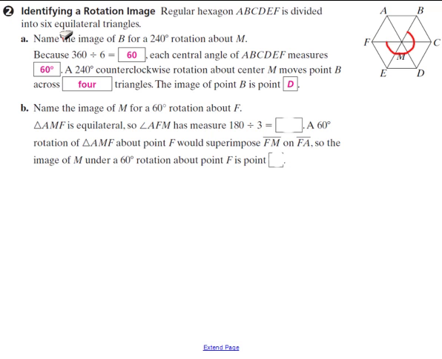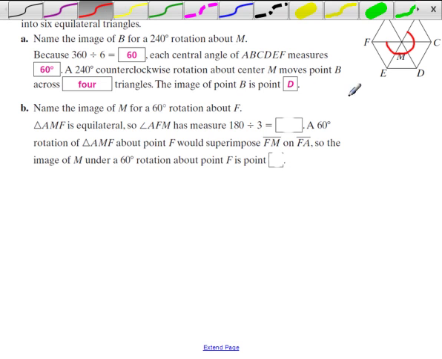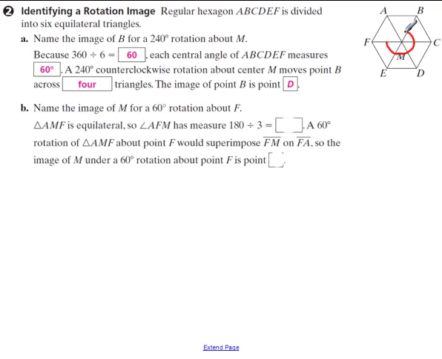Look at that. Counterclockwise rotation. So I'm going the wrong way. We really want to come 240 degrees, 60, 120, 180, 240, around here to D. So I went the wrong way the first time. So we would rotate that point around right to D, going from B 240 degrees around here to D.